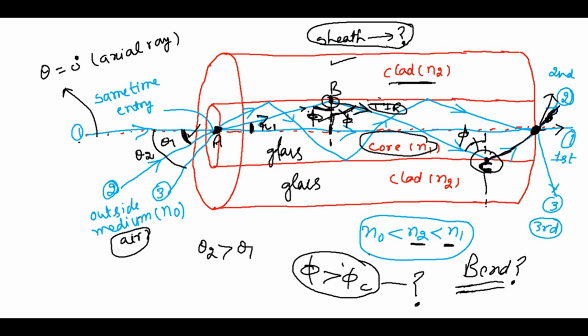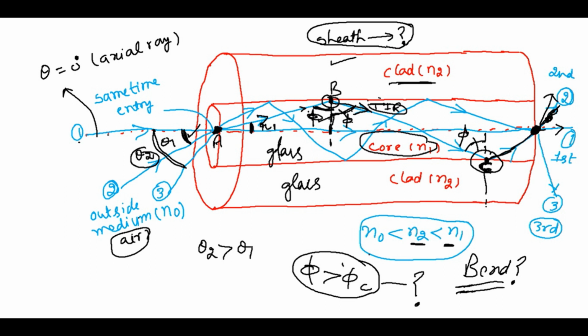You can now convince yourself that ray number 3, which is making an angle theta 2 with the axis of the optical fiber, and this angle is much more as compared to theta 1. So when it enters the optical fiber, it will suffer more number of reflections.